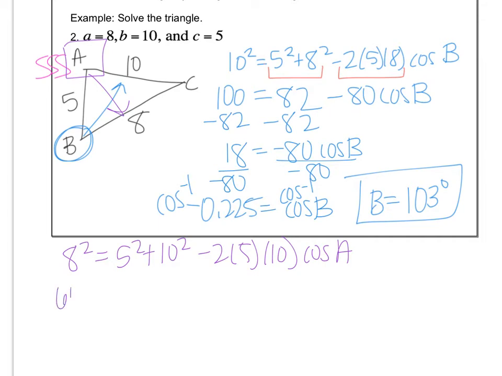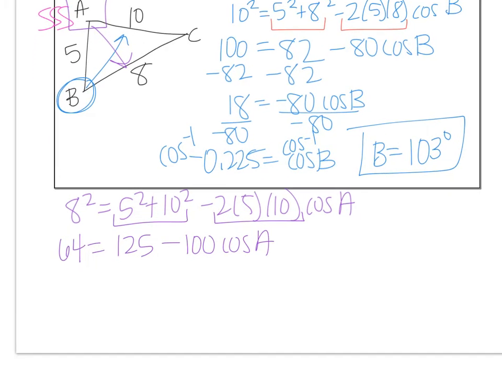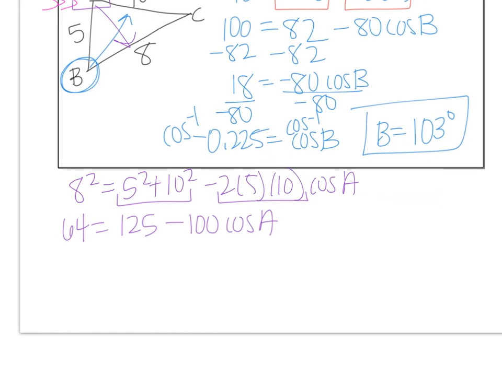So it'll be 64 equal to, do this chunk, 125, minus, do this chunk, 100, cosine A. Now we continue to solve this here. First step is to subtract the 125.